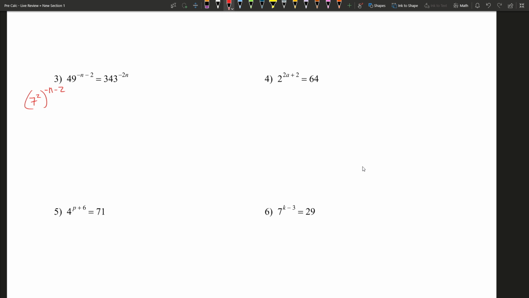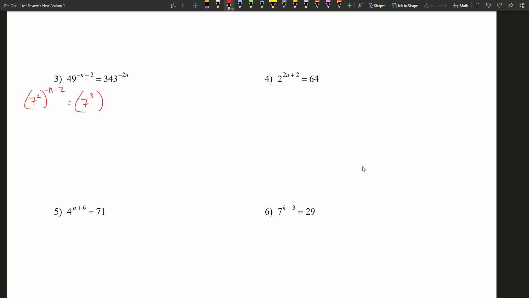When we multiply 7 by itself, let me grab my calculator. So 7 times 7 is 49, times 7 is 343. So 343 can be rewritten as 7 cubed.